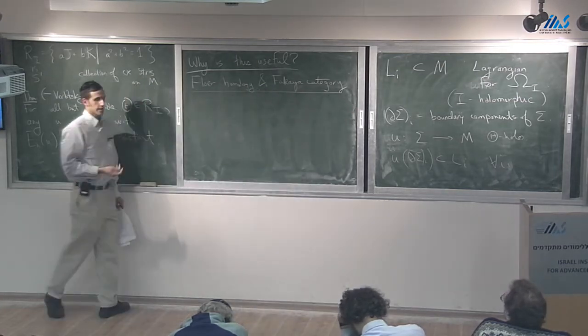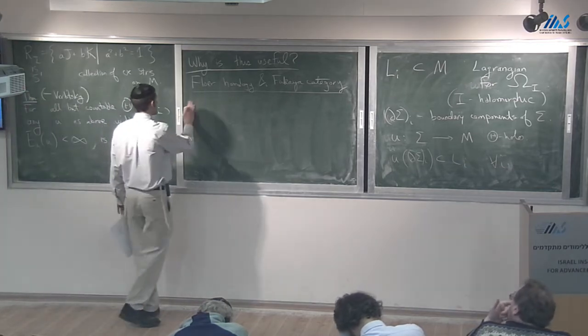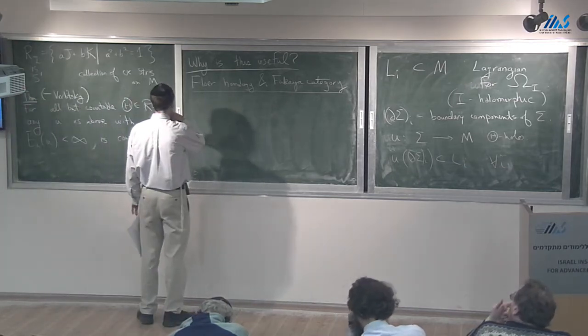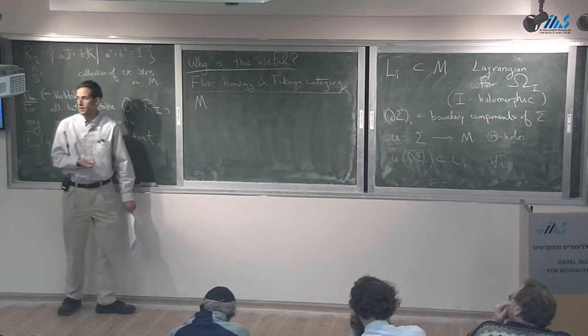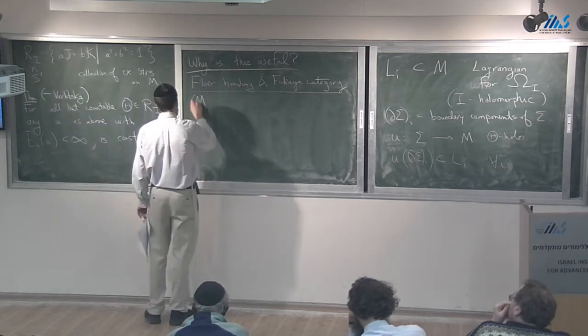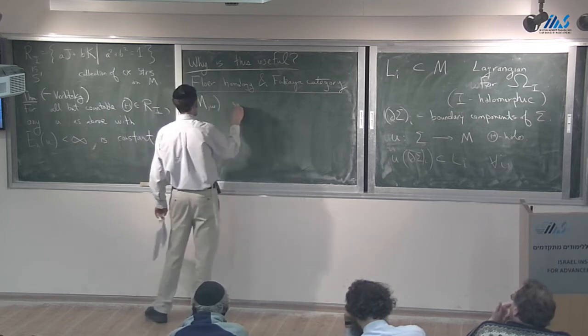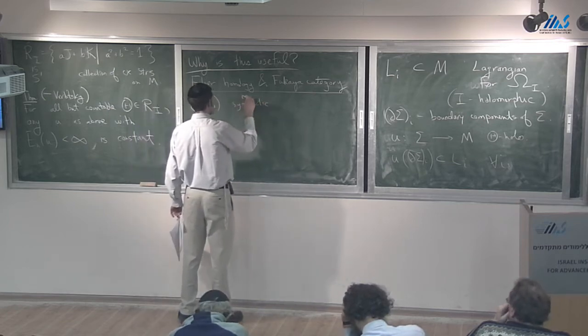I'm going to specialize to the case that we're interested in. So let's assume a whole bunch of things about M. I'm not going to necessarily assume that M is hyperkähler, but I'm definitely going to assume that it has a trivial canonical bundle. So from now on, (M, omega) is some real symplectic manifold.